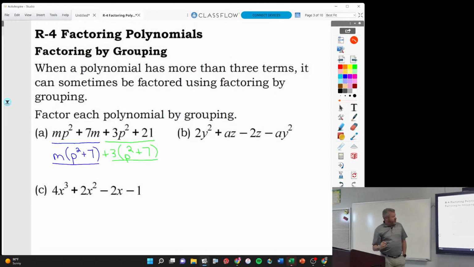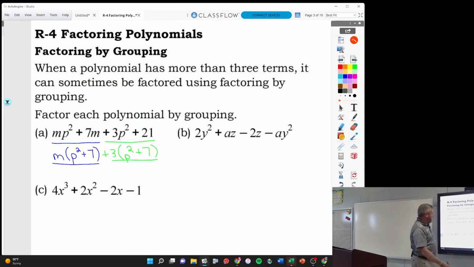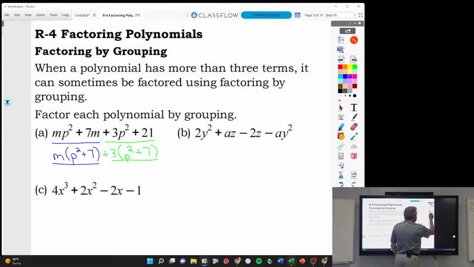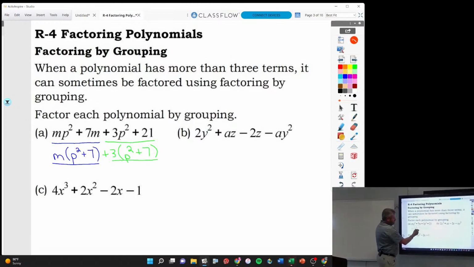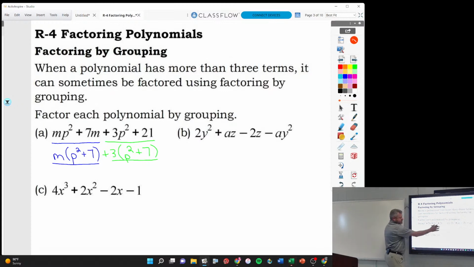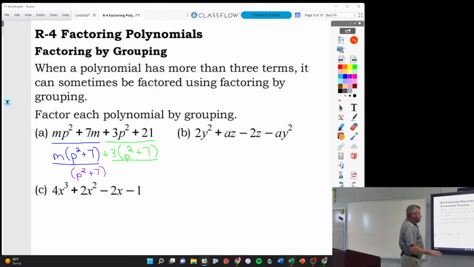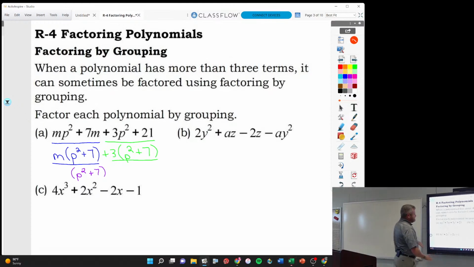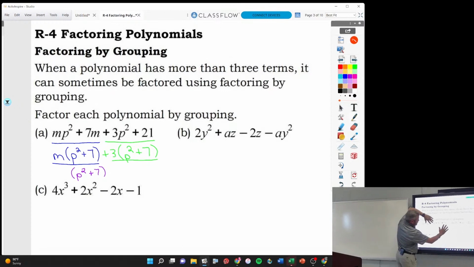Now, as I look at those 2 terms, I ask myself, what do those 2 terms have in common? Both of those terms have a p squared plus 7 in common. So I'm going to write down p squared plus 7. You can see this in the lower right corner.